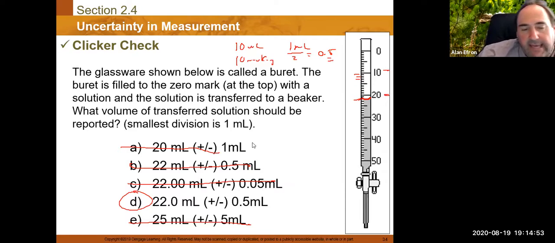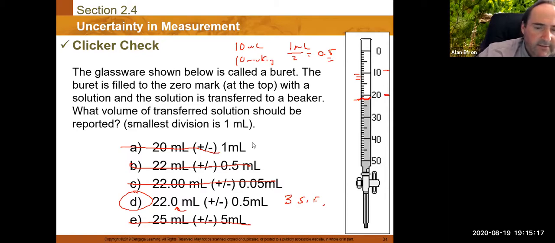Again, it may not be exactly at that second dash, and we do have the ability to go here. So also important, if you do feel it is exactly at a perfect line or something like that, you do need to record that extra 0 if it is possible to do so. And in this case, you would, and this would have 3 significant figures in this particular case.